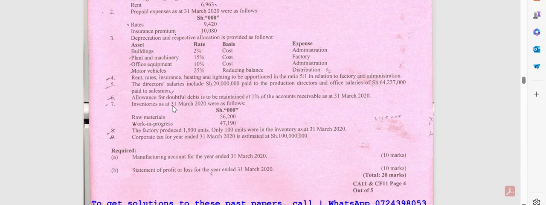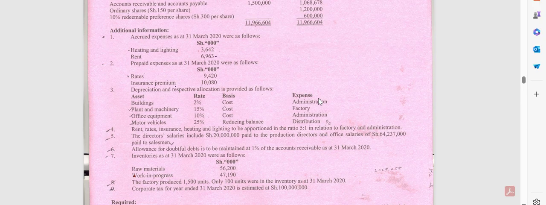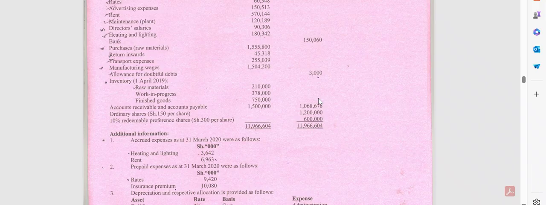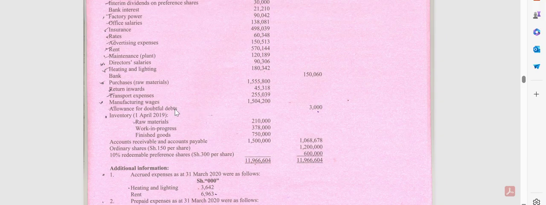So the other one is allowance for doubtful debt, to be maintained at 1% of the account receivables as at. Remember when you are discussing allowance for doubtful debts, you need to know whether it is for the year or as at. So this one is maintained at the end of the year. If you go to the trial balance, you check for allowance for doubtful debts at the beginning of the year.